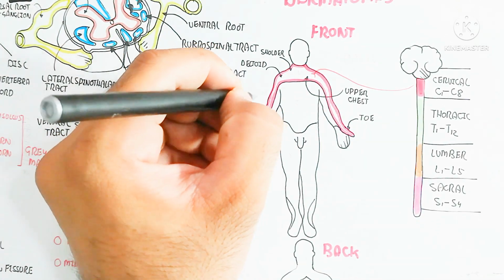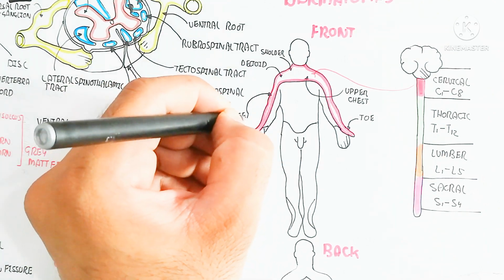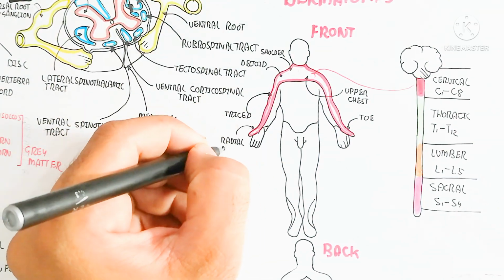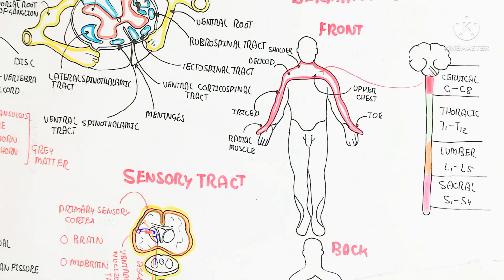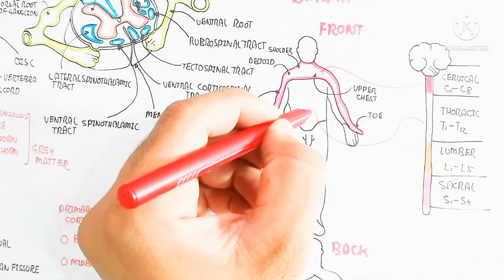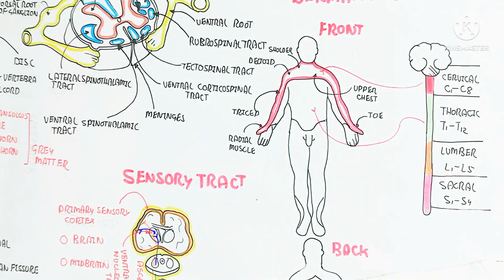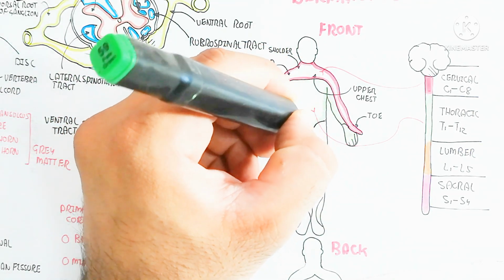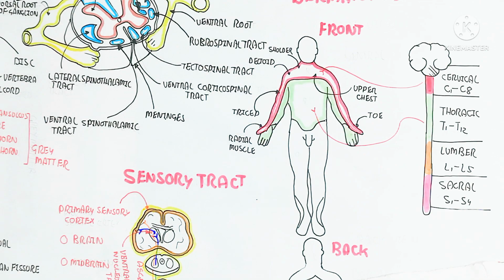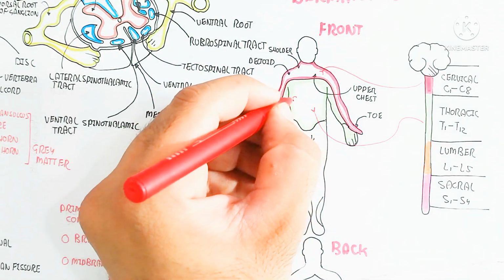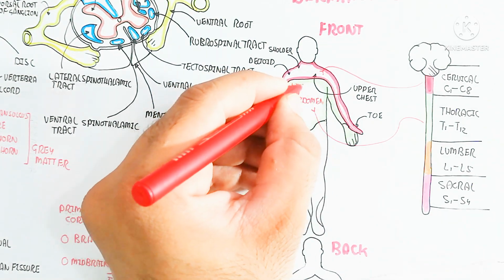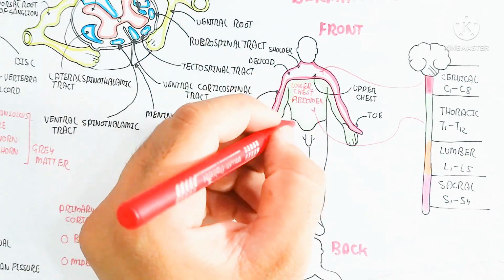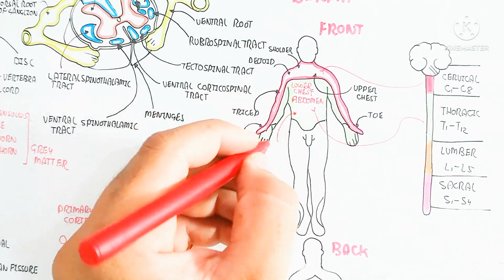In this way, here is the upper chest, and the deltoid muscle, shoulder and tricep, and the radial muscle, which is involved in cervical control, muscle movement, and the touch, pressure, etc., which is received via the cervical spinal cord, the cervical ganglion of the spinal cord.